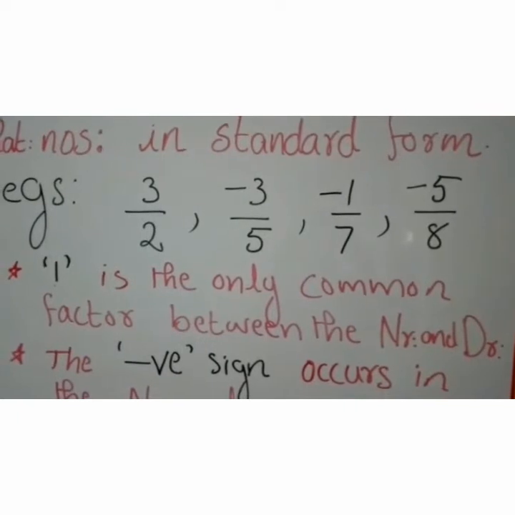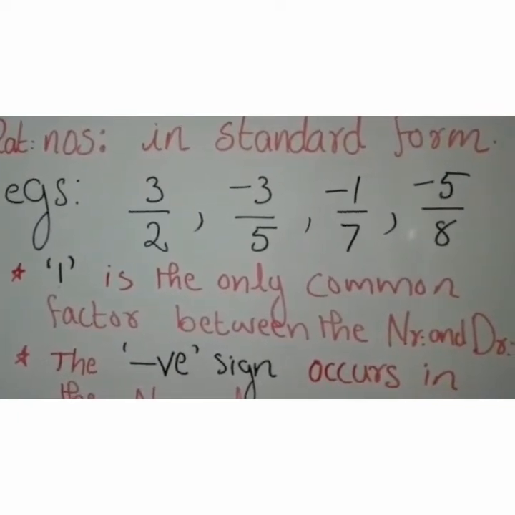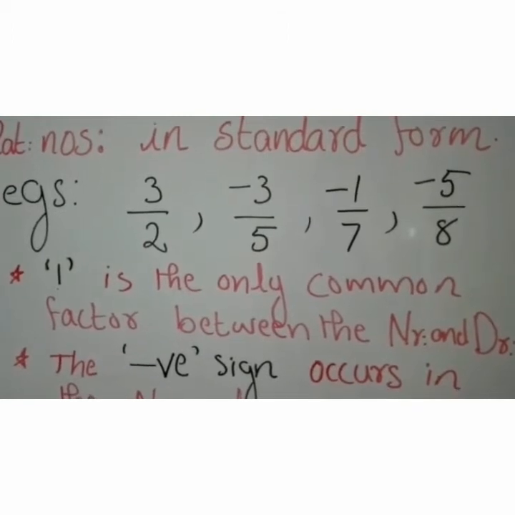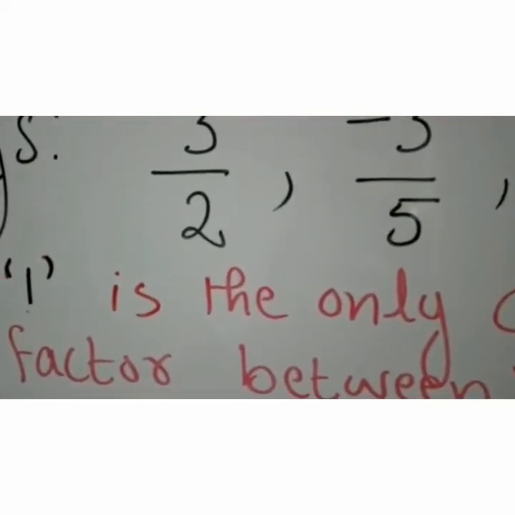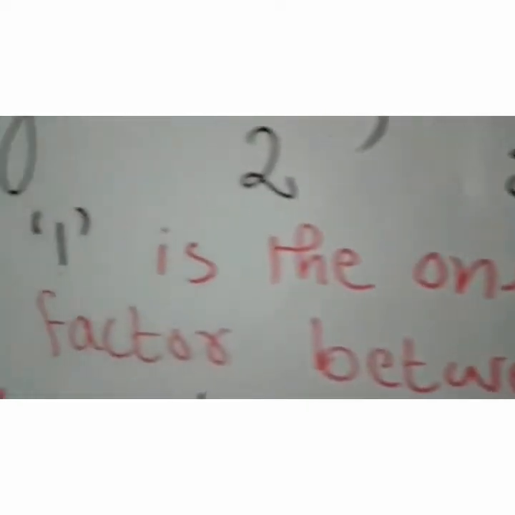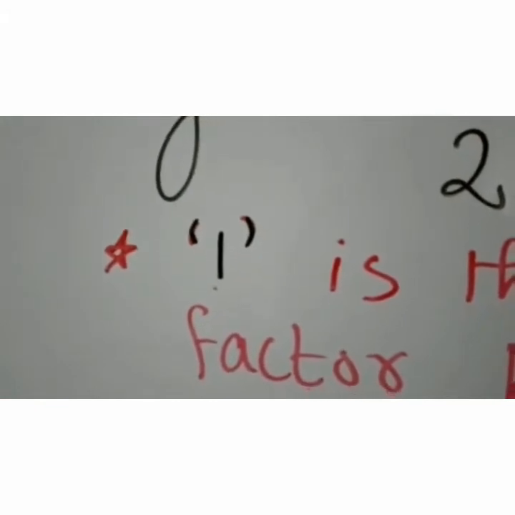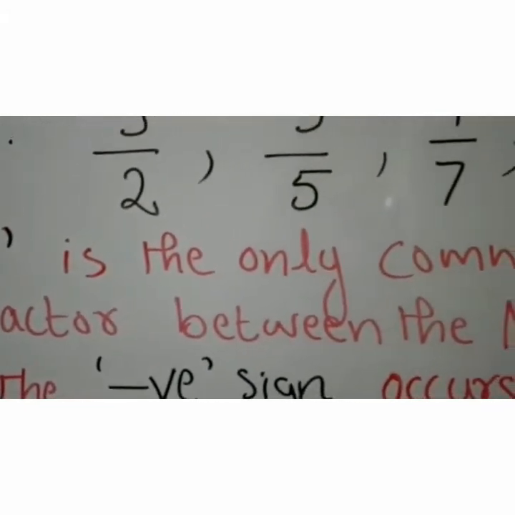Here in all these examples, 3 by 2, negative 3 by 5, negative 1 by 7, negative 5 by 8, 1 is the only common factor between the numerator and the denominator. NR, DR represent numerator and the denominator. So that's the first condition. 1 is the only common factor between the numerator and the denominator.